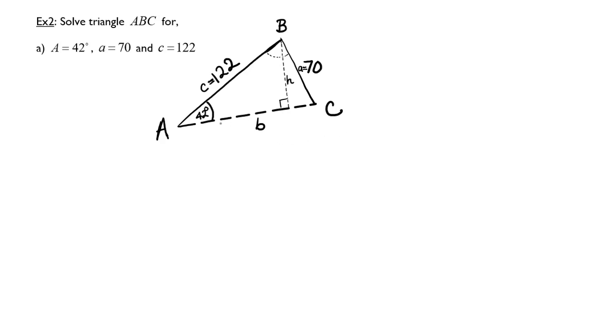We can find that by taking opposite over hypotenuse. That will be sine of 42 degrees equals h over 122. And I can multiply by 122 on both sides to clear the fraction.